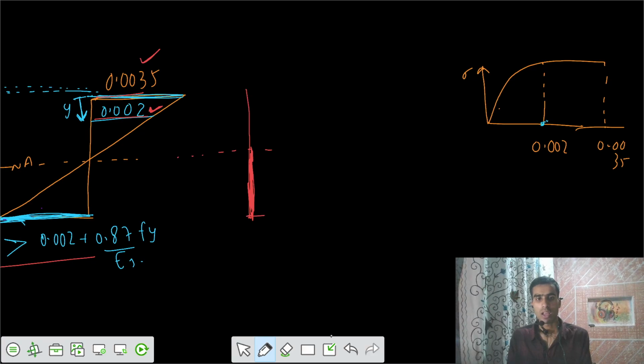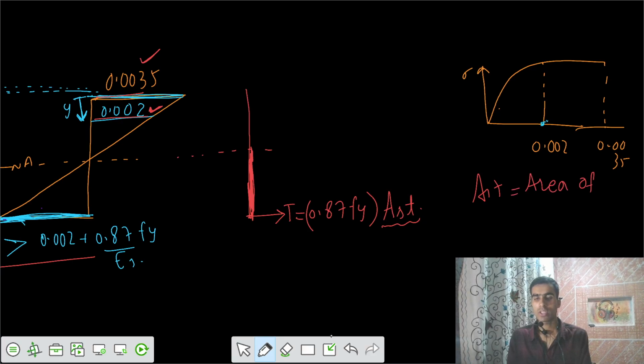That means there is only a particular line of T equals to 0.87 Fy. This is your design stresses in the steel, and we have some steel area also, Ast, that is the area of the steel in the tension zone.